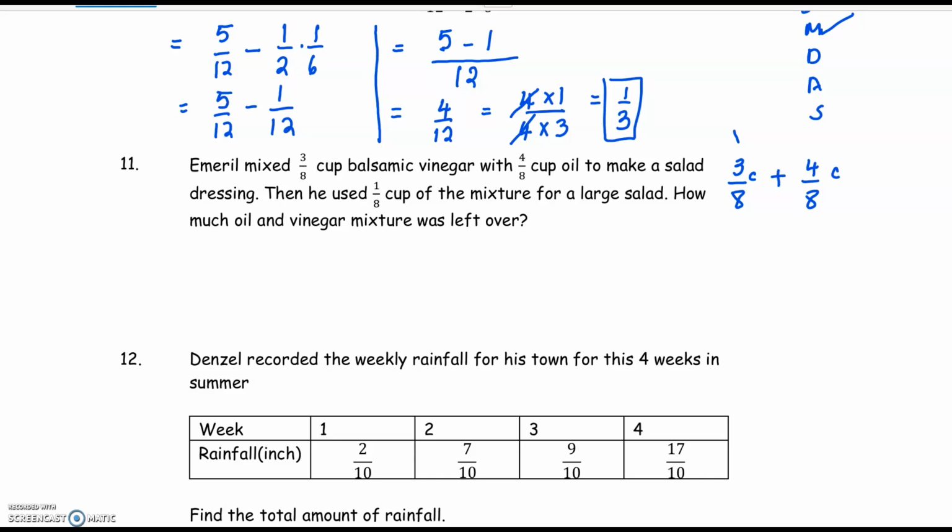So the total amount of salad dressing is equal to 7/8. We are counting eighths. So the common denominator is an 8. We have 3/8 coming from the first, 4 of those coming from the second. So it's 4 plus 3, 7/8. And the unit of measurement is cups.